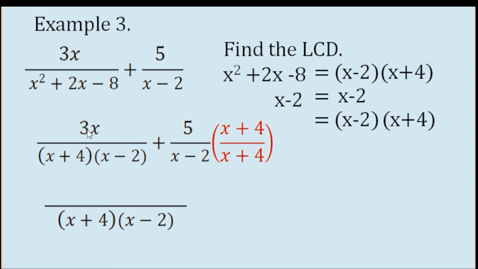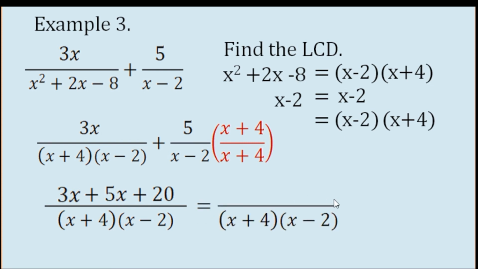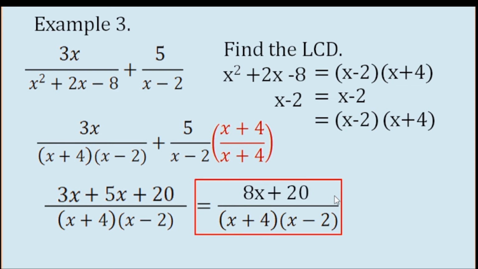We have 3x here by itself. We'll just write it down. And then we have 5 times x is 5x, and 5 times 4 is 20. So we have 3x plus 5x plus 20. And we can simplify this furthermore. 3x and 5x is 8x. Then plus 20. So that's our answer.